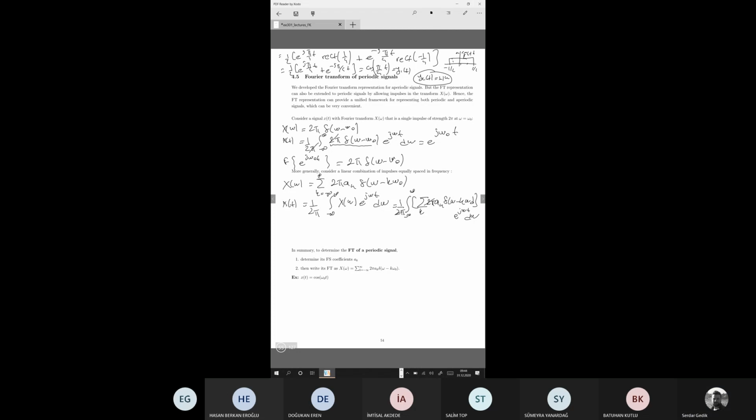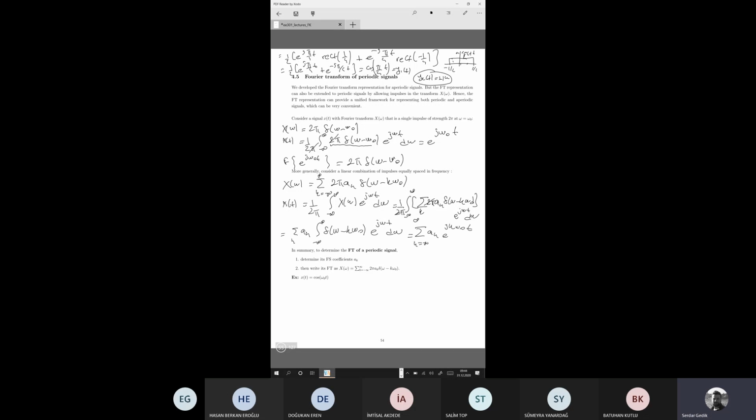Since integration and summation are linear operators, I can switch their positions: the sum over k of ak times the integral of impulse(ω − kω0) e^(jωt) dω, and this is equal to the sum over k of ak e^(jkω0t).